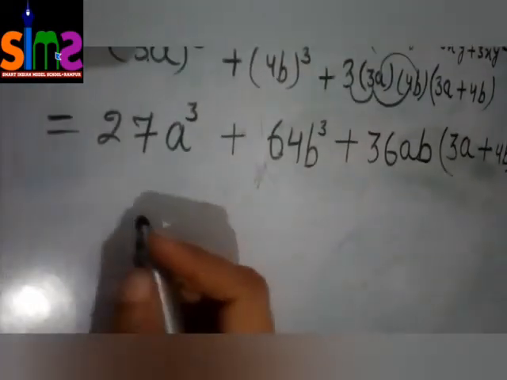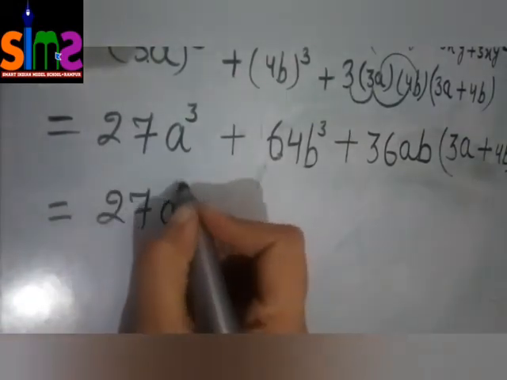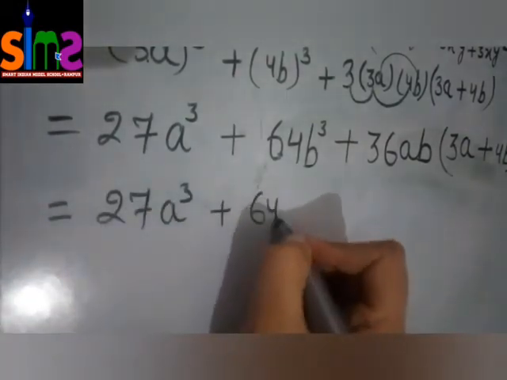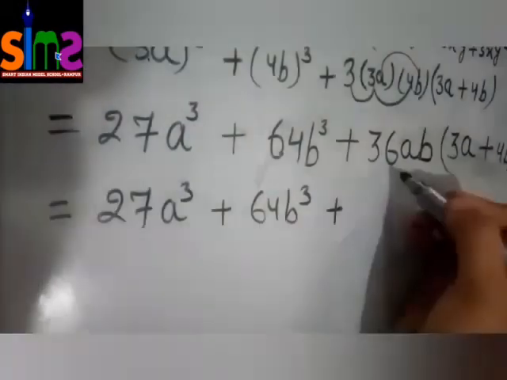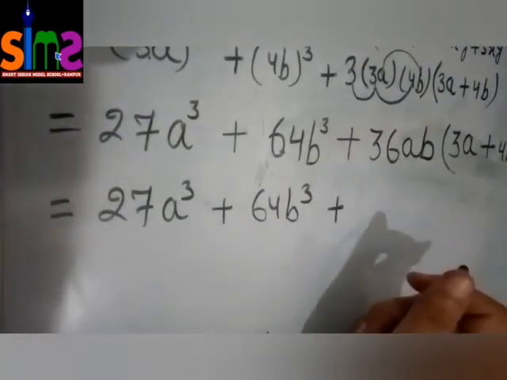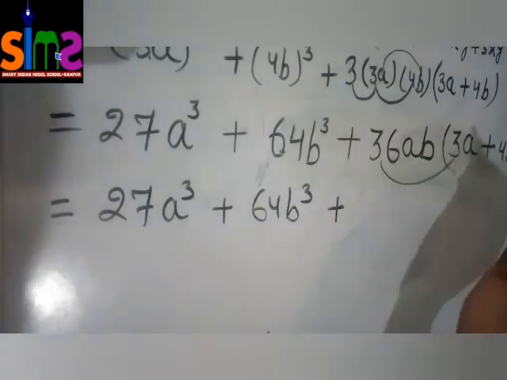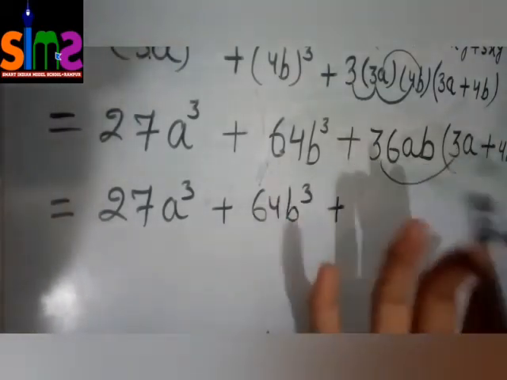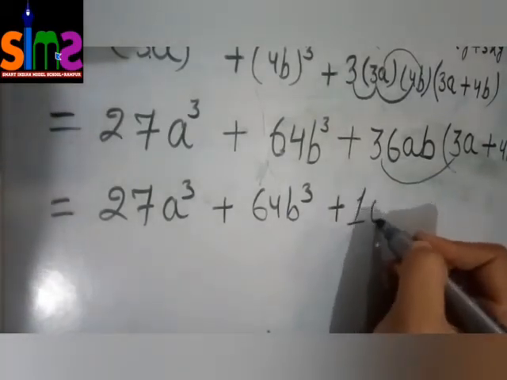So our next step will be 27a cube plus 64b cube plus, when we multiply this 36 to this 3, tell me children, what will be the multiplication of 36 and 3? Yes, 108.